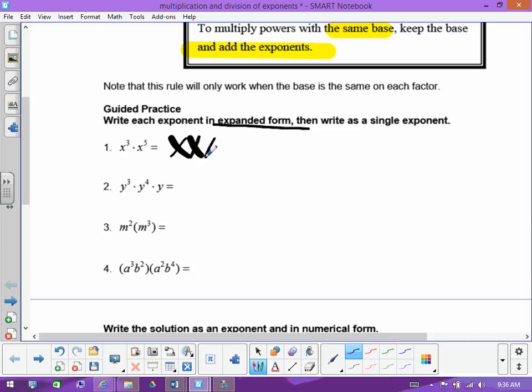That means that we have 3 x's and 5 x's. Now, when you get really big numbers, obviously it's going to be a problem to write all those out. If we add them all together, we get x to the 8. The rule gives us a shortcut that says we can simply add those together and get our 8.